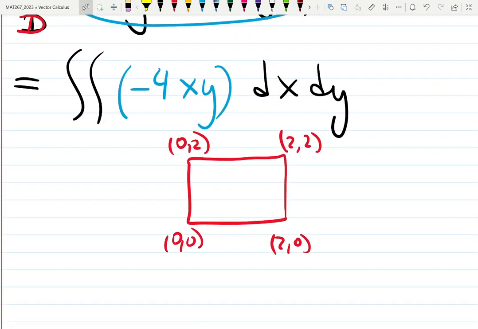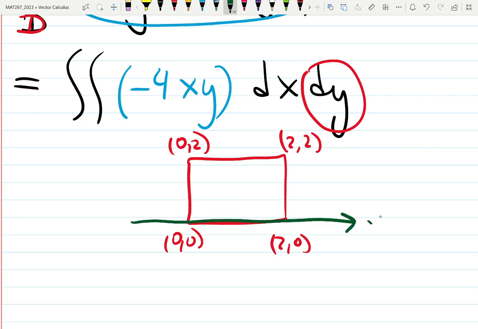So whatever is outside, and it's a good practice, whatever is outside can be a number. Remember, those are axes. X and y. Sketch the picture. If y is the last one, then y can have just numbers. Y is changing from 0 to 2. It goes up and down, up and down, up and down, from 0 to 2. So I'll write down 0 to 2.